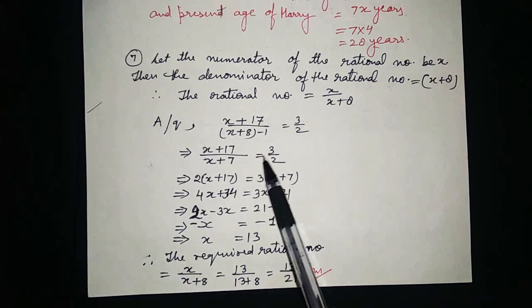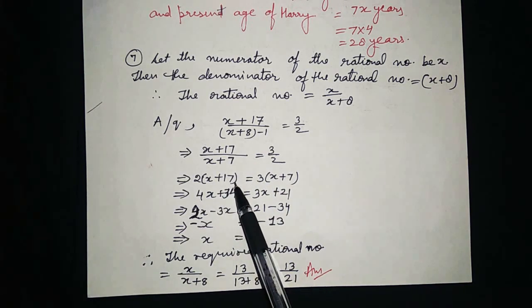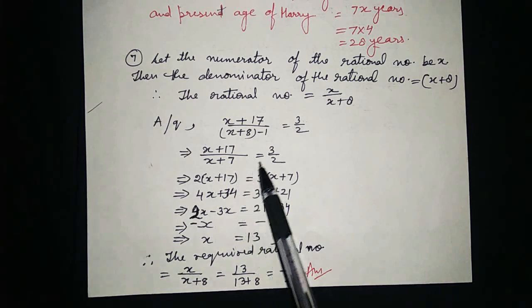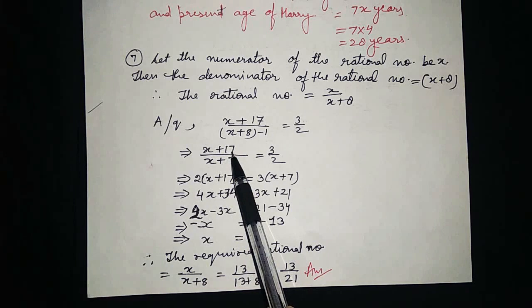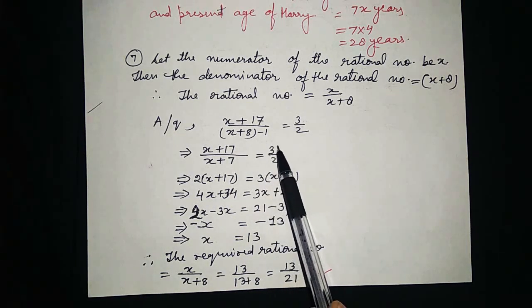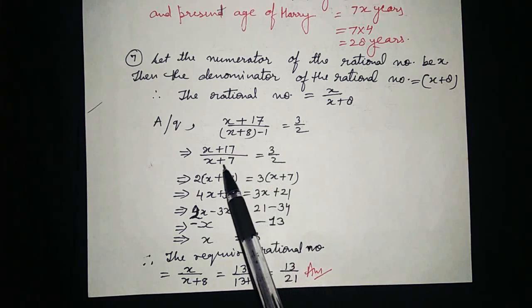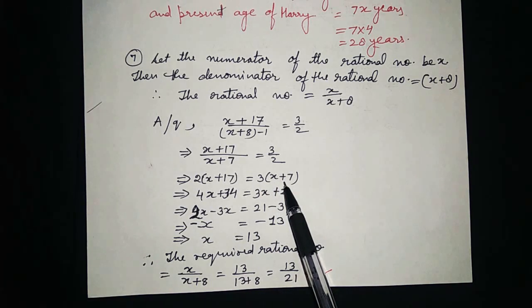After cross multiplication we get 2 into (x plus 17) on the left hand side, because this 2 is multiplied with x plus 17, and 3 is multiplied with x plus 7. So on the right hand side we get 3 into (x plus 7).